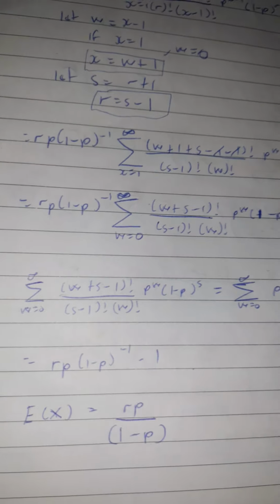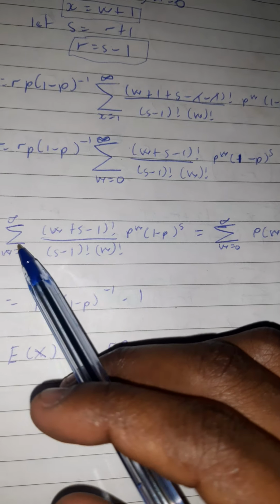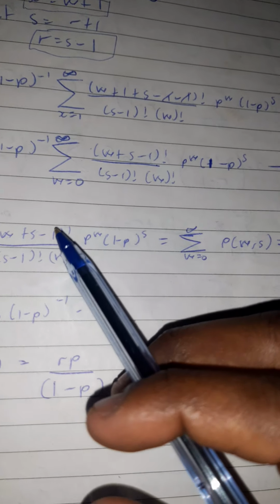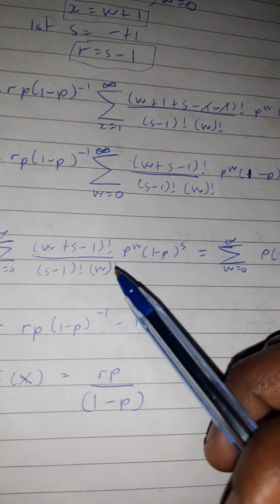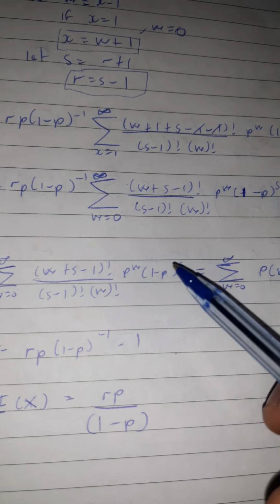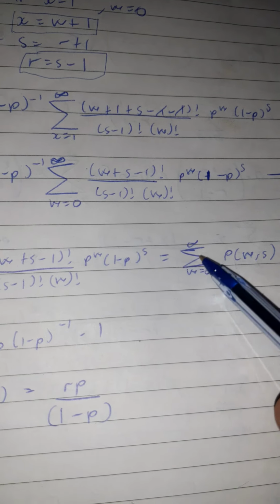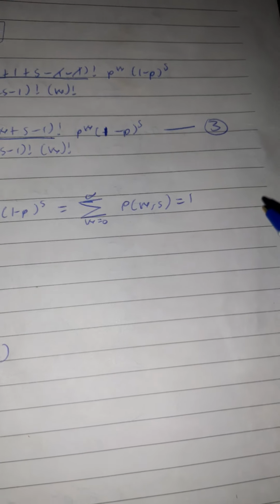And from here we can see that the summation of w is equal to 0 to infinity, (w plus s minus 1) factorial over (s minus 1) factorial w factorial, p to the power w, (1 minus p) to the power s is equal to the summation of w is equal to 0 to infinity, of the probability of w, s, is equal to 1.